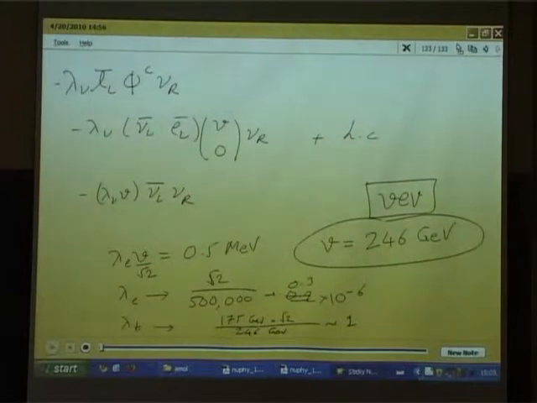So lambda T is almost 1, whereas lambda E is 10 power minus 6. So Yukawa couplings have a very wide range, 10 power minus 6 to 1, 6 or 7 orders of magnitude. We have no idea why this range is.